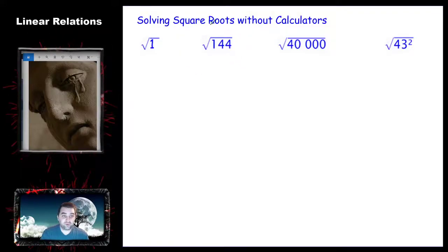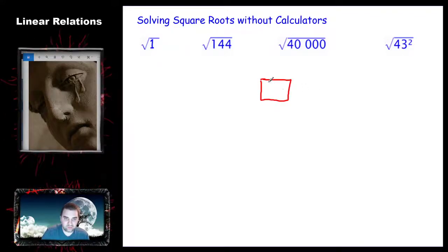Okay, solving square roots without calculators. We're going to start off with the easiest one ever, square root of 1. Remember, what we're doing here is we're trying to find squares. We're trying to pair off our factors into squares that we can break it down. Remember that we have the square, which is the area inside, and the root is just one side.